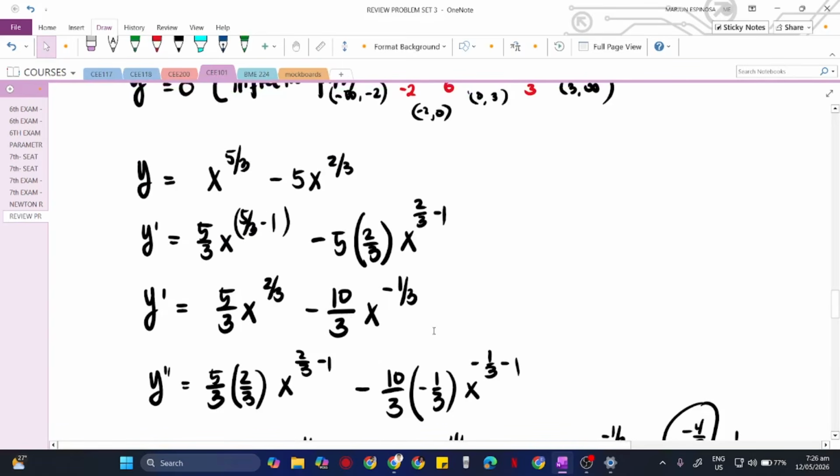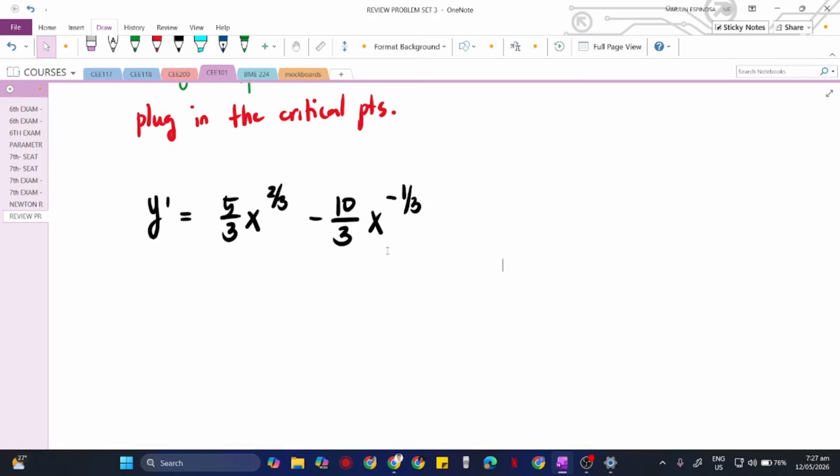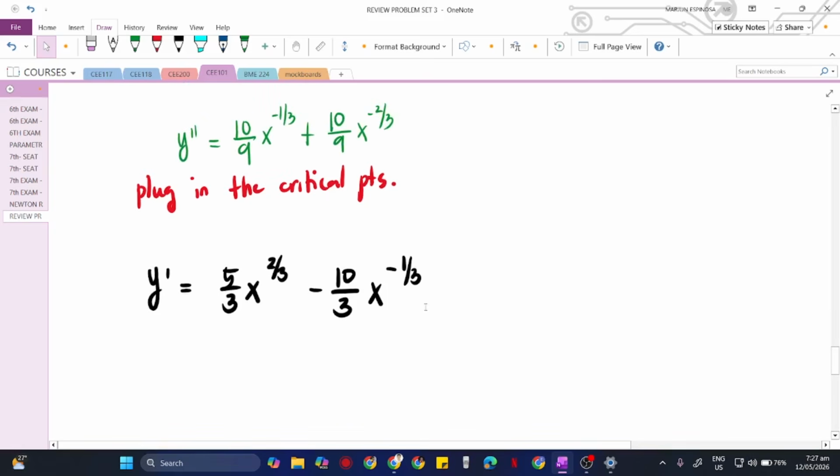Ito yung first derivative natin, tama ba? I-copy ko lang to, class. Paano natin kukunin yung critical points nito? Hold on. Actually, pwede na pala hindi kunin yung critical points dito. Using second derivative test pala tayo.